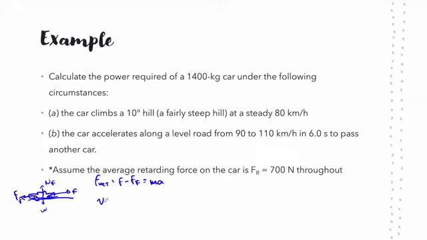Now from previous units, I know that final velocity is going to be equal to initial velocity plus at. Final velocity is going to be 110 divided by 3.6. Why are we dividing by 3.6? So that we can change our units from kilometers per hour to meters per second. From here, we can get a value of acceleration.